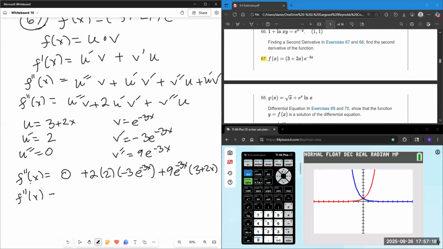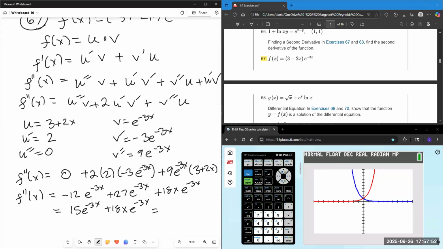Let's distribute here. This is negative 12 e to the negative 3x, and 9 times 3 is 27 e to the negative 3x, and then plus 18x e to the negative 3x. We have like terms here: 27 minus 12 is 15 e to the negative 3x plus 18x e to the negative 3x.